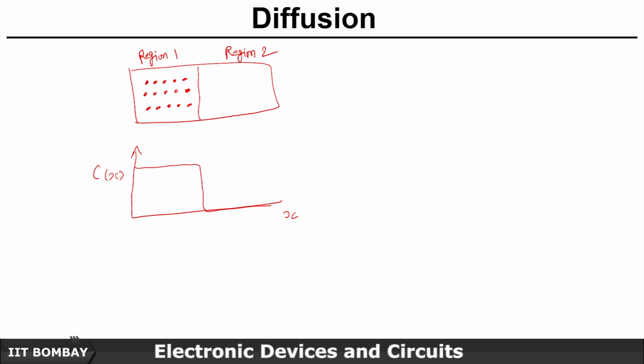Now what will happen is that slowly these electrons will start moving from region 1 to region 2 because of the concentration gradient. If I draw this diagram again, it will look something like that: region 1, region 2. Some of these charge carriers will move here.